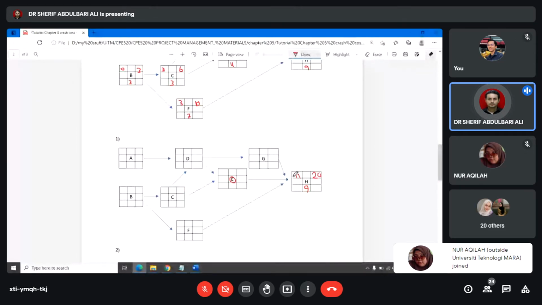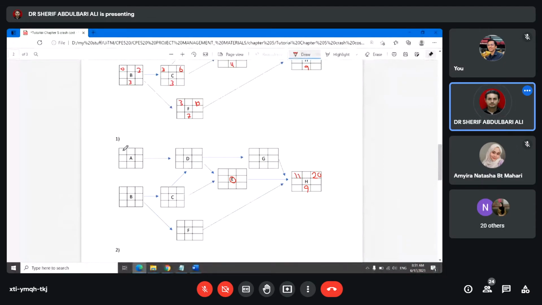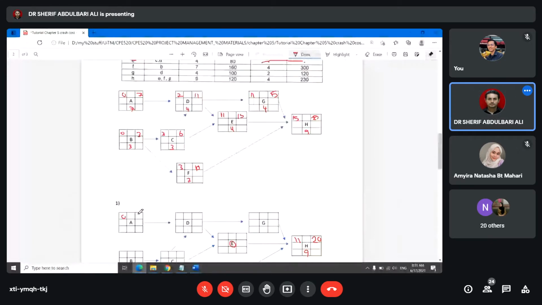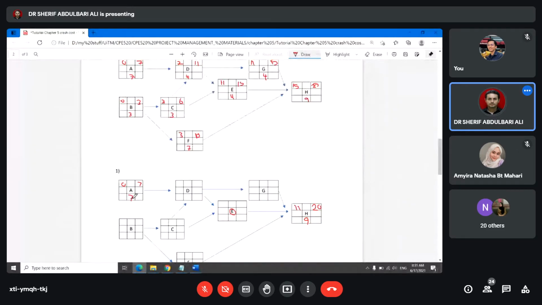Okay, so to make this, we start by just writing the values. Like in 0, 7. This one is 7. This is 7, 11. And this is 4. When you put the numbers, you are going to see the clear picture here. This is 11 and this is 4.